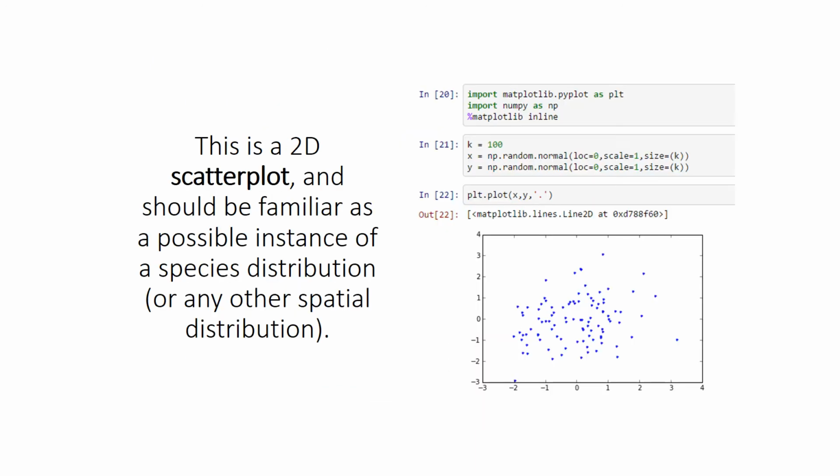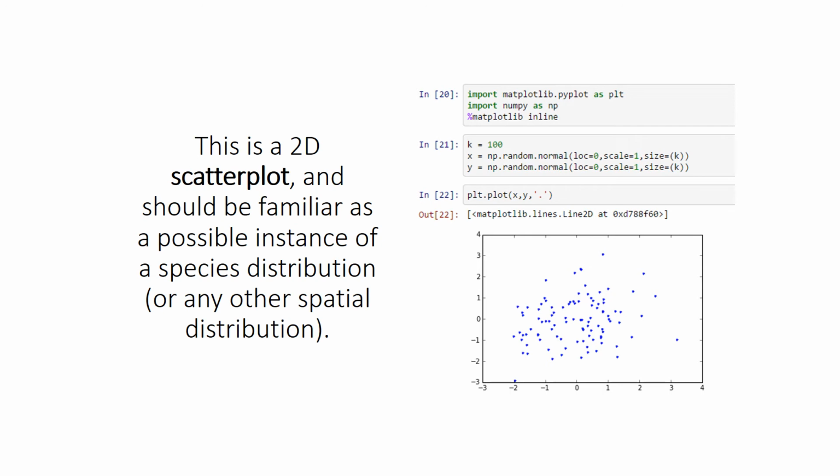Another technique that we use to take a look at point data is the scatter plot. This is where we might plot one kind of point data against another. This is some Python code that I use to make a quick scatter plot. But this is really not that much different than something like a species distribution, right?